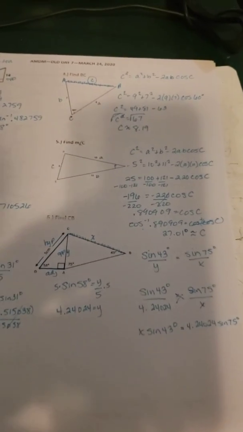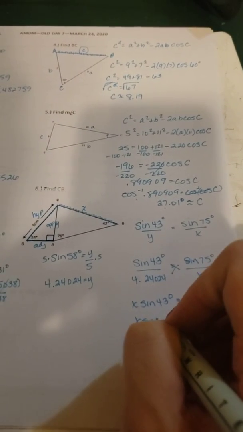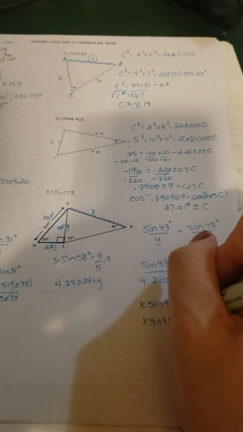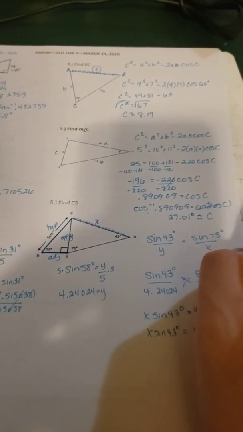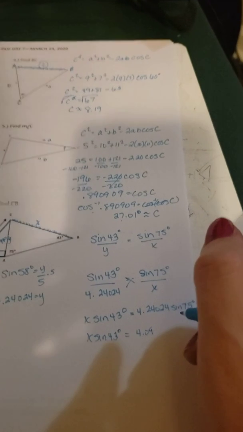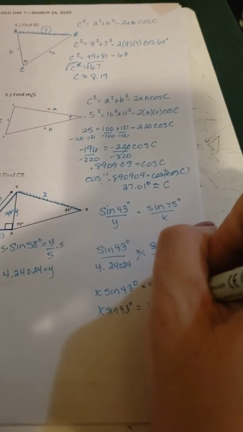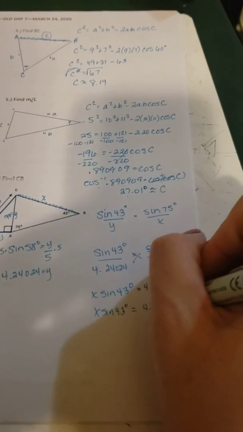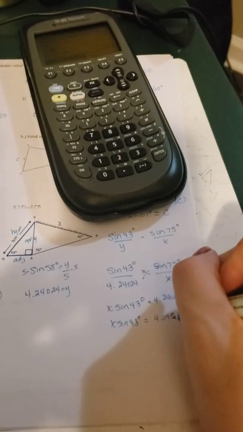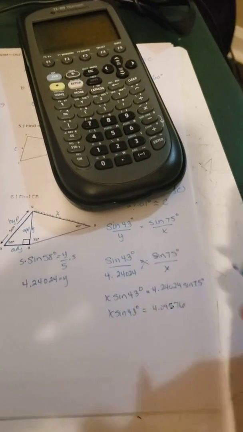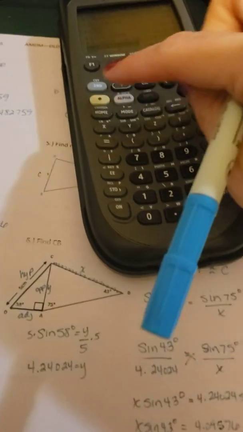Okay, gives me that X sine 43 degrees equals 4.09576. And then I'll calculate the sine of 43.